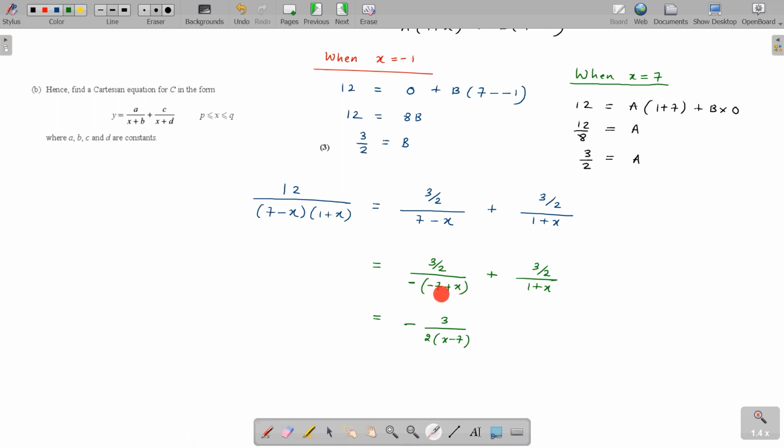It's the same as minus 7 plus x, right? Then this is plus 3 over 2 times 1 plus x. Okay, so this looks in the format that they want. So a, b, c, d are constants, not integers. That's the important thing. So the 3 over 2 is a constant, and you don't need to be worried that they are not integers.